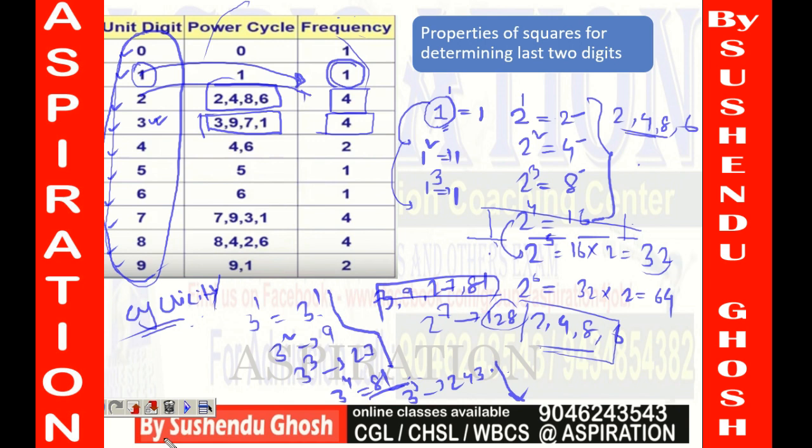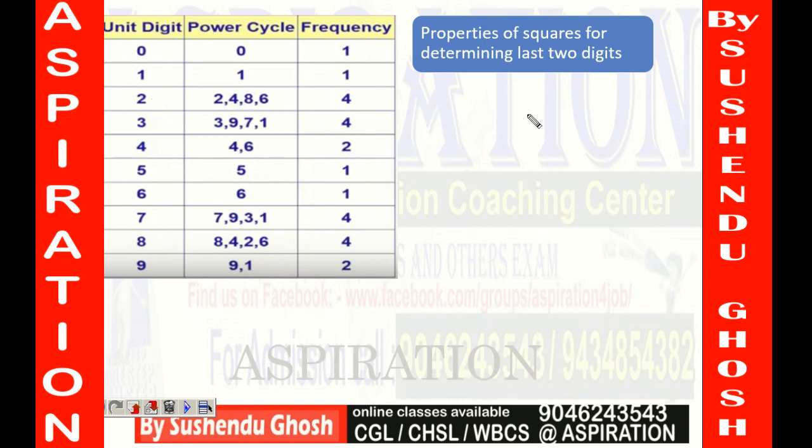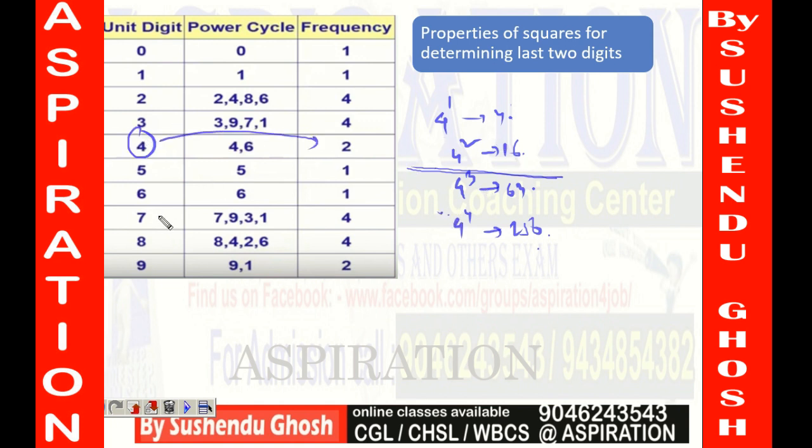For 4, whenever a 4 is present in the unit digit, what happens? 4 to the power 1 means 4, 4 square means 16, 4 cube means 64, 4 to the power 4 means 256. You can see 4, 6, 4, 6 will get repeated. That means up to 2 it is not getting repeated, and after that it will be repeated. So cyclicity for 4 will be 2.